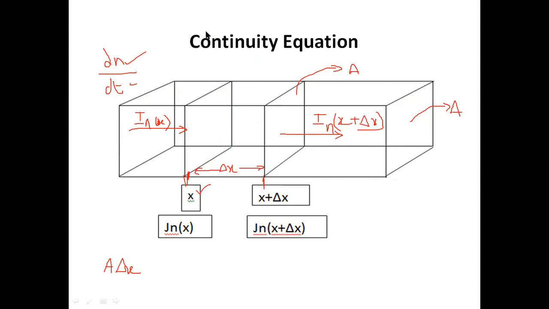Then what will happen? Dou n by dou t is the total number of electrons increasing with respect to time.